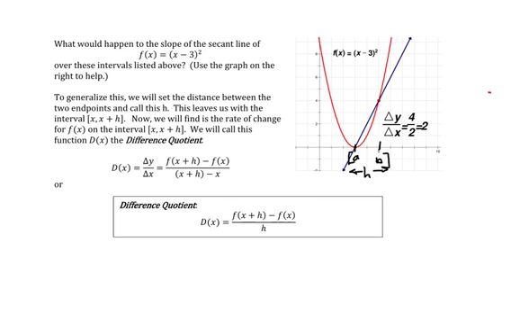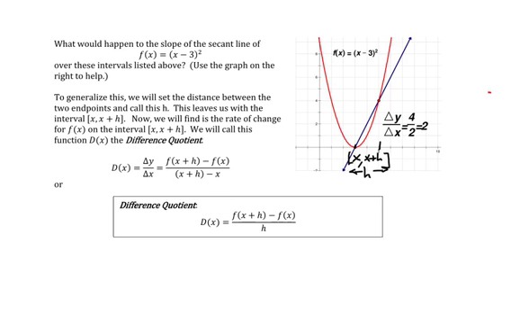So we want to generalize this a little bit. If we say this first point, instead of A, is x, then the second point down here is going to be x plus h, because the h is the distance between the two endpoints.